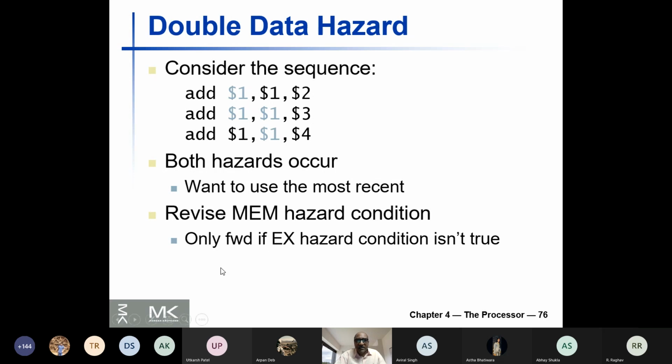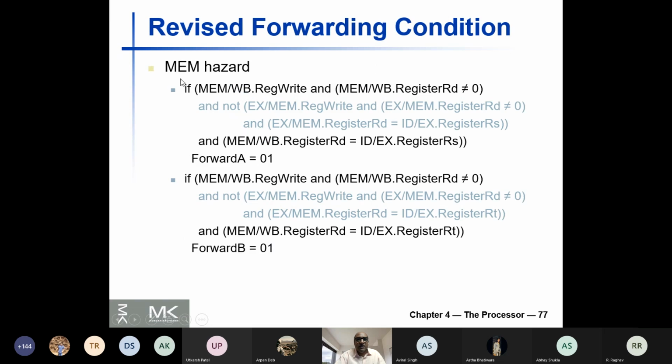By revising the condition for the memory hazard, when the memory hazard is to be activated, you need to check that the execution hazard does not take place. If the execution hazard is not taking place and only the memory hazard takes place, then you take the value from the output of memory and forward it. If both are satisfied, the memory hazard will not be considered; you forward the value from the end of the execution stage of the just preceding instruction.